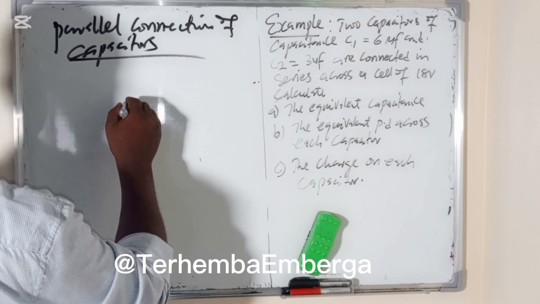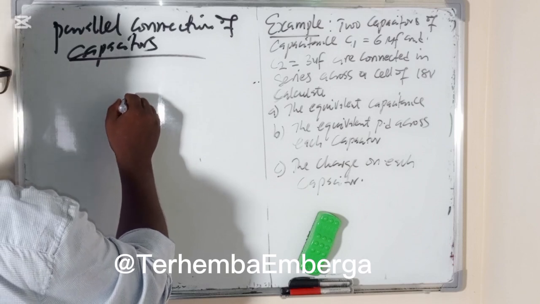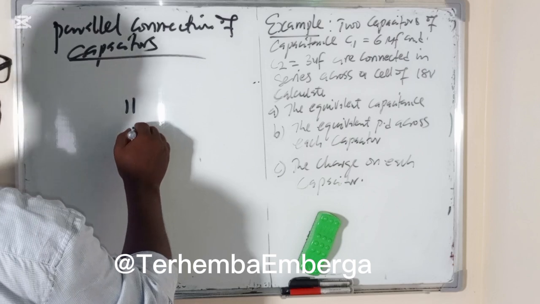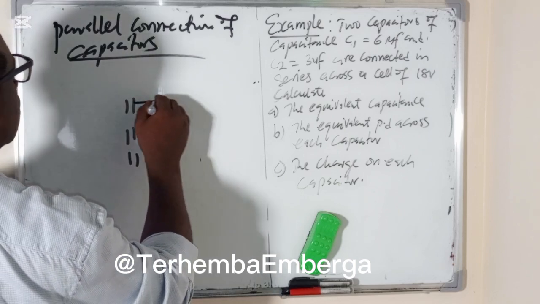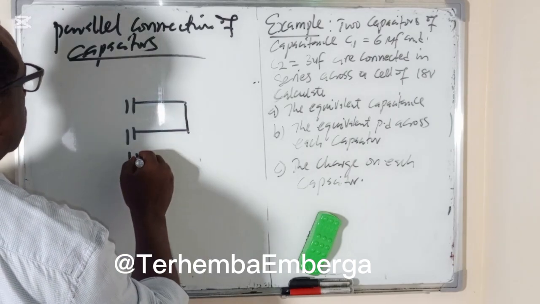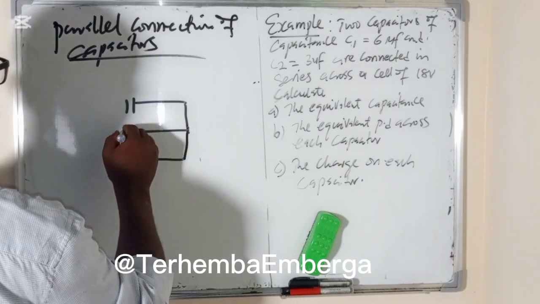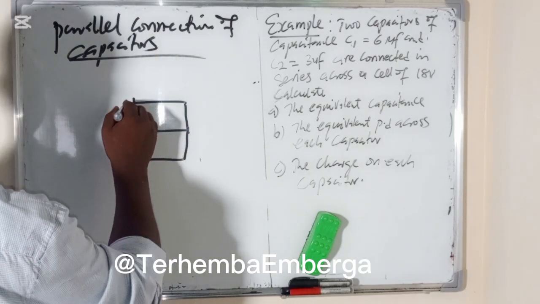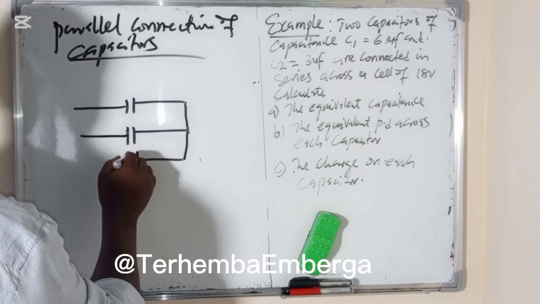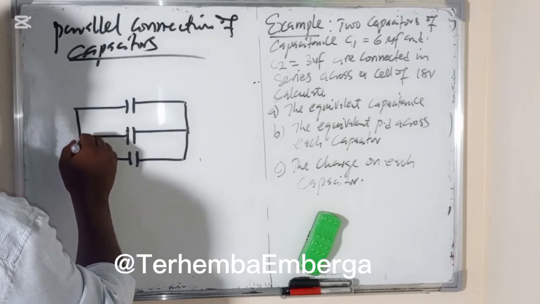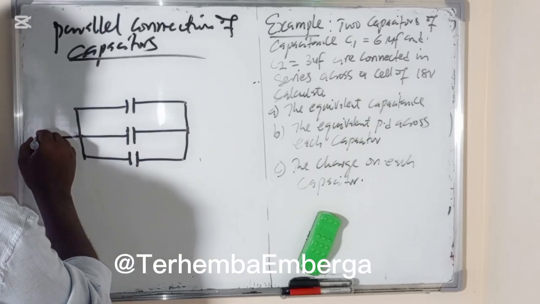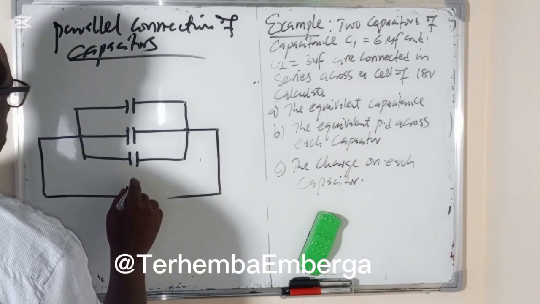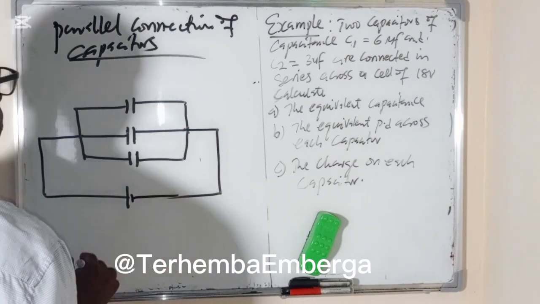When capacitors are connected in parallel, for example, you have this, connected to a cell.